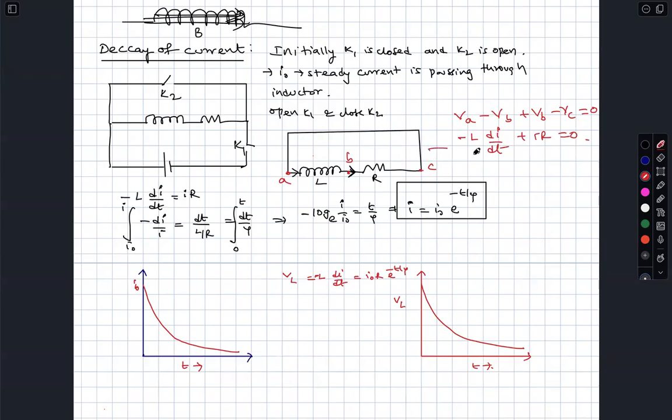This situation is represented like this. So minus L di by dt magnitude plus IR is equal to 0. Now you tell me, is it true or not? Yes, sir.